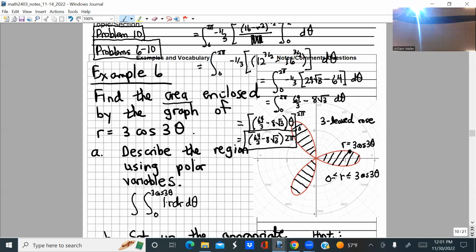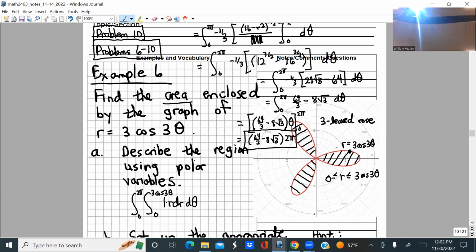Usually a safe bet will be 0 to 2 pi, because the period of cosine is 2 pi, so you're going to cycle through all possible values for the cosine if you go from 0 to 2 pi. Another way to think of this is, this 3-leaf rose is a closed curve.